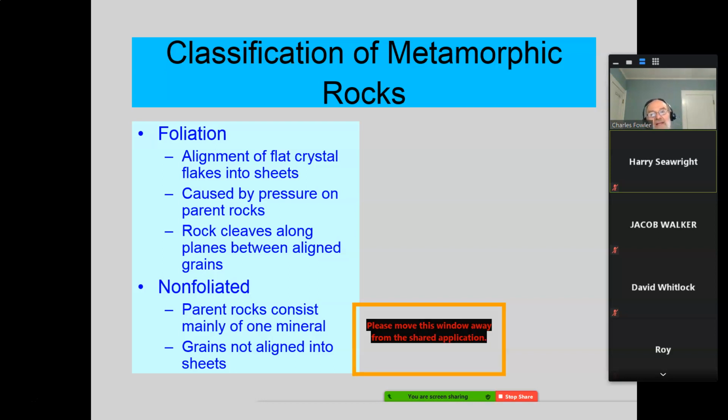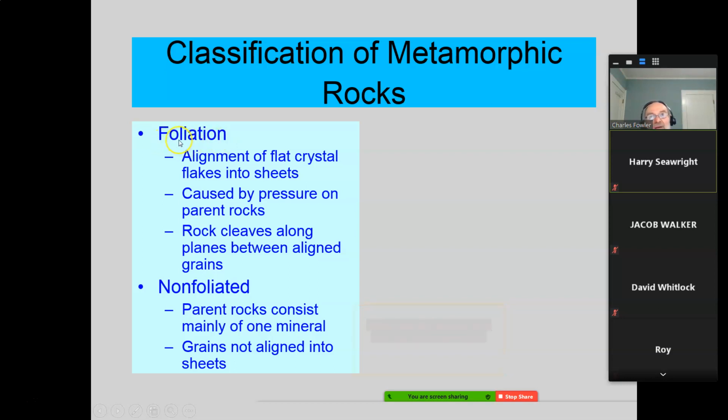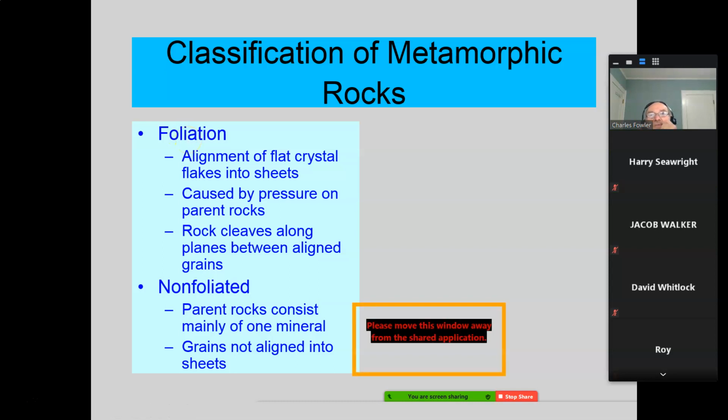Well, one way is by the degree of foliation. Now, does anyone know what the term foliation, where that comes from? I'm looking out of my window now and I see some foliage. What foliage might I see? Leaves on the tree. You're absolutely right.